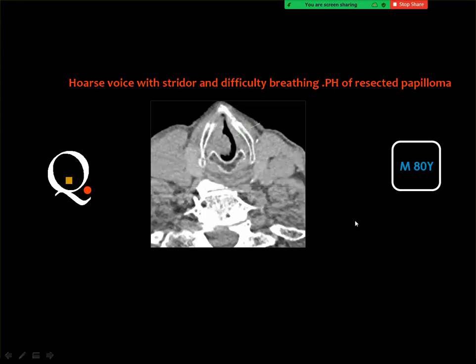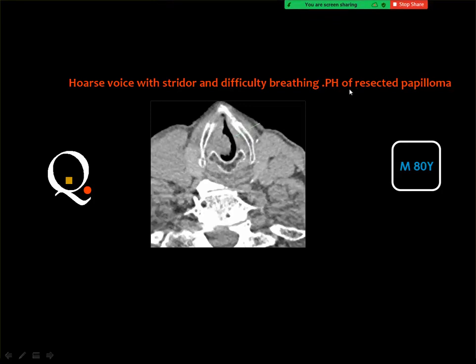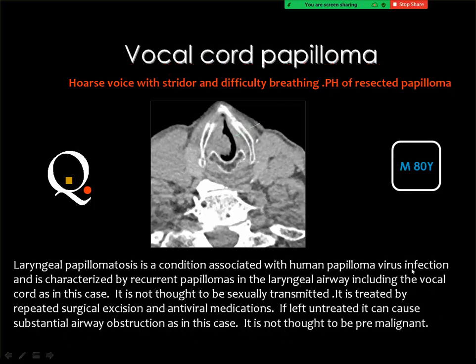Okay, in order to go quickly through the remaining cases, if you have the history of previously resected papilloma, you know that the patient had what is known as vocal cord papillomatosis or laryngeal papillomatosis, which is a condition associated with papilloma virus infection when the patient suffers from recurrent papillomas that are frequently resected.